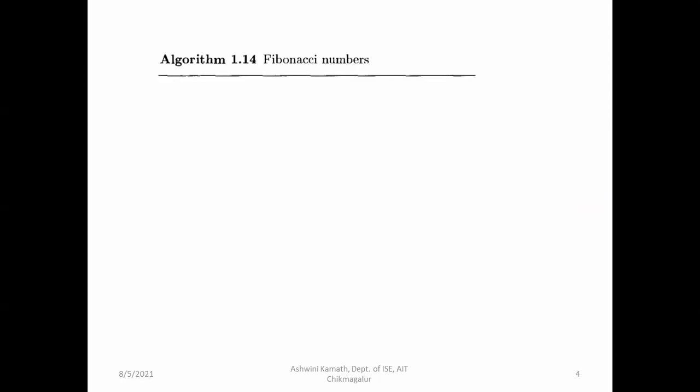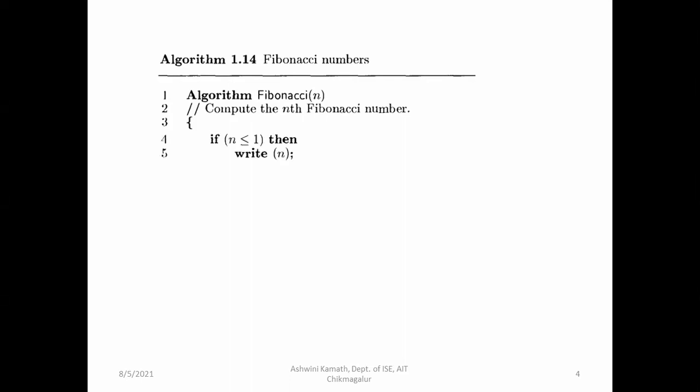And let's discuss the Fibonacci numbers algorithm. Algorithm Fibonacci of n: compute the nth Fibonacci number. So what will be the result of this? The nth Fibonacci number will be returned. That is, if I have given n is equal to 3, 0 plus 1, it will add and return 1.